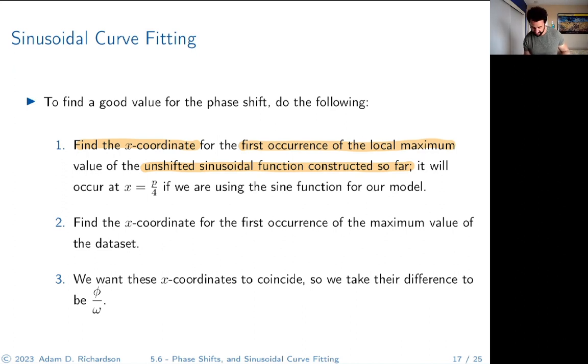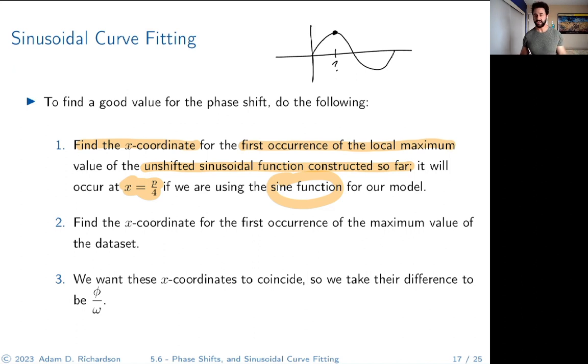And if you're using the sine function like we are, then the first local maximum will occur when x is p over 4, where p is the period. And it makes sense too, because if you think about what the sine curve looks like, remember it kind of goes like this. So what we're looking for is this peak and where it occurs.